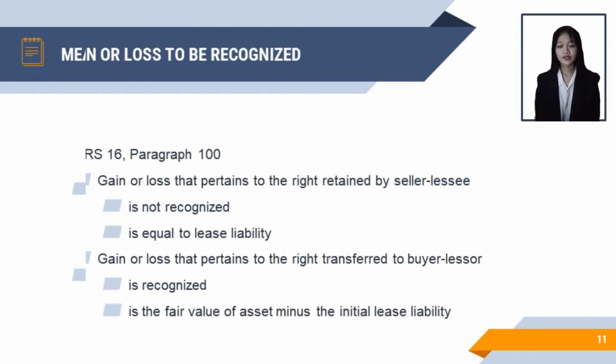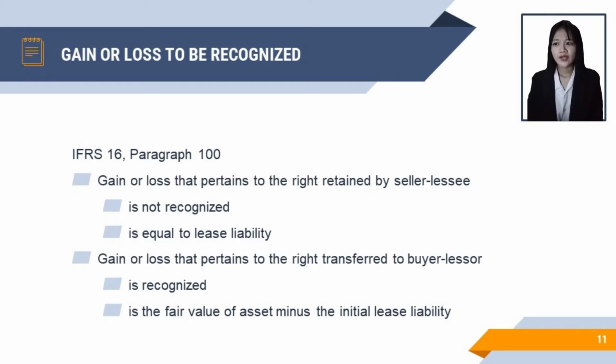So next is the gain or loss to be recognized. In IFRS 16 paragraph 100, the gain or loss that pertains to the right retained by the seller-lessee is not recognized and is equal to the lease liability.